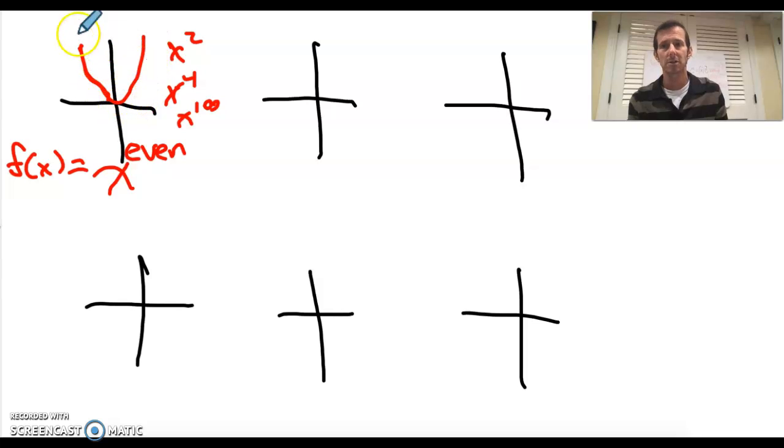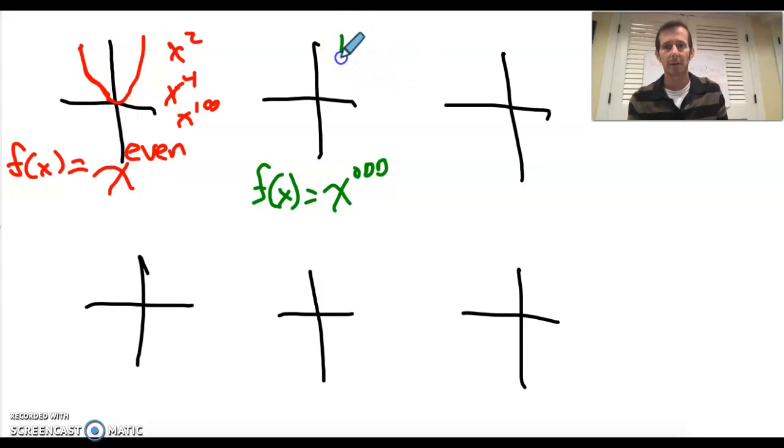They look similar in that they make a U shape. Some of these bigger powers will make more of a square U shape than a rounded U shape, but they'll all be making a U shape. Now I'm going to switch this to an odd exponent. This side of the odd exponent is exactly the same as the even side.